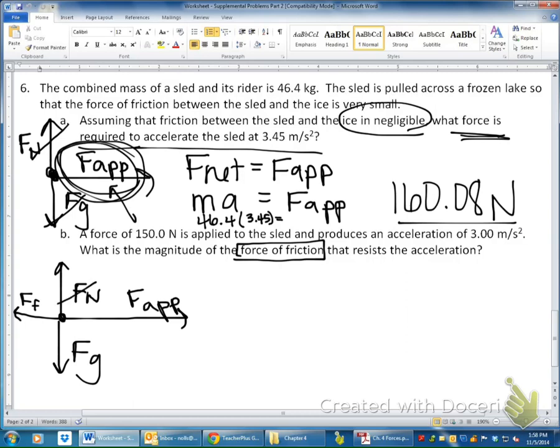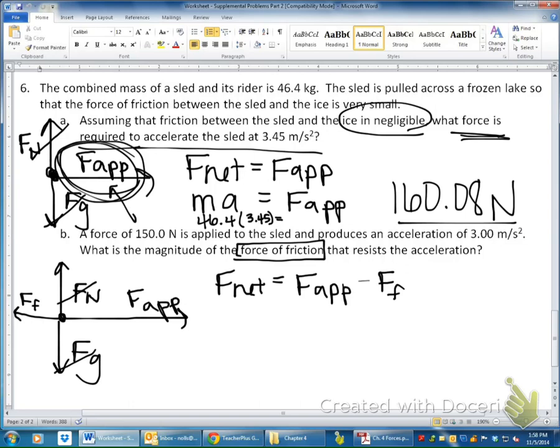So we don't really care about these guys. So our net here, what's the net equation going to be? Tell me what it should look like. F applied. Very good. F applied minus force of friction.